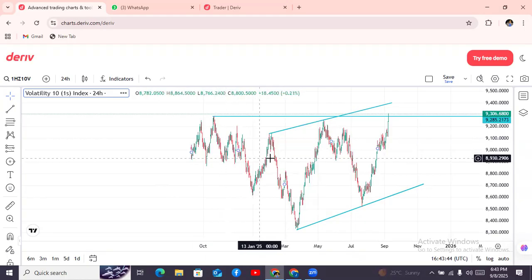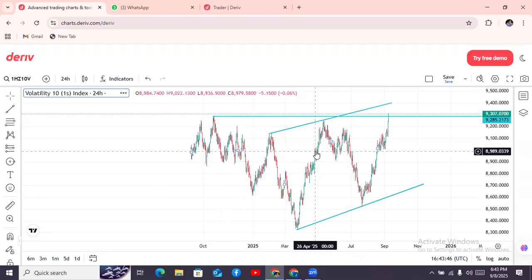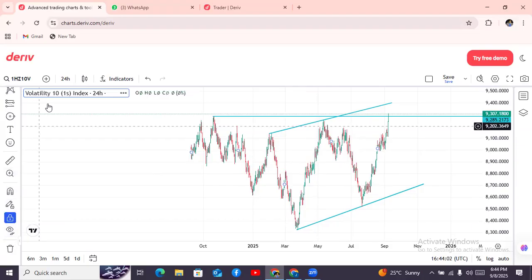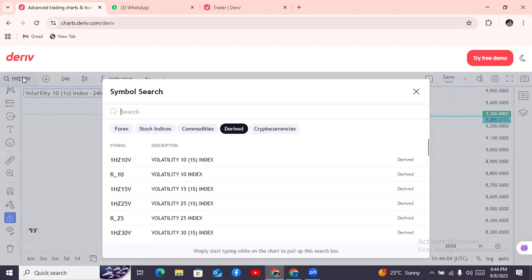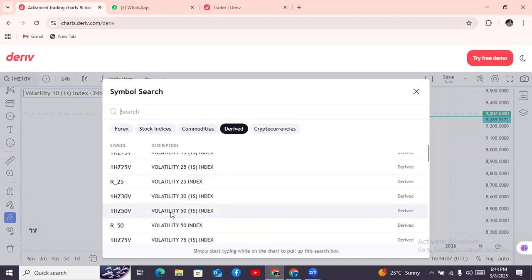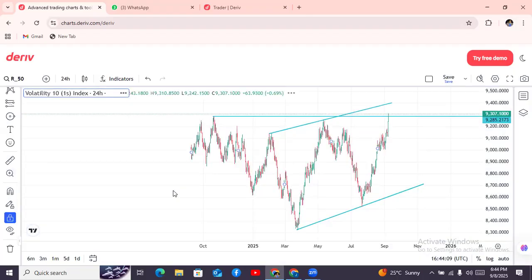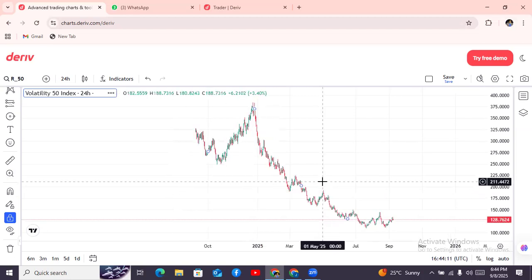Is there any other instrument somebody was looking at? I think VIX, we had VIX 50 at one point, maybe just to see where it is. Yes, VIX 50, and we benefited from there.